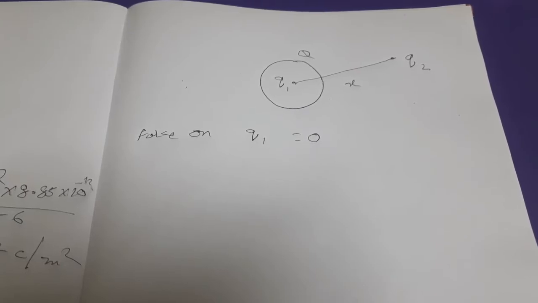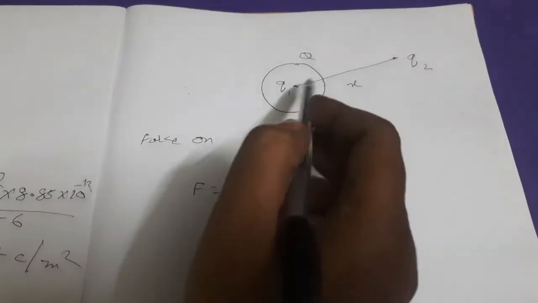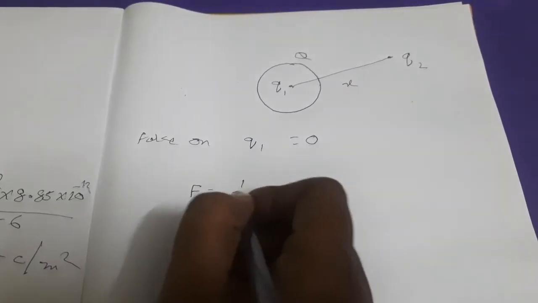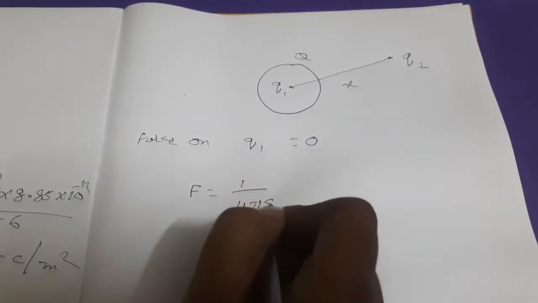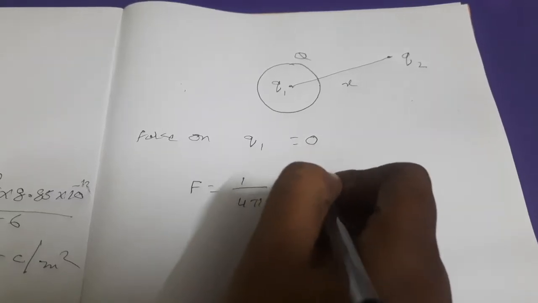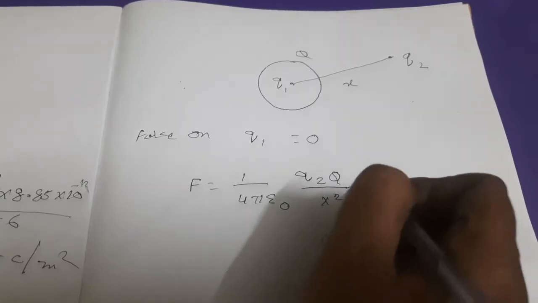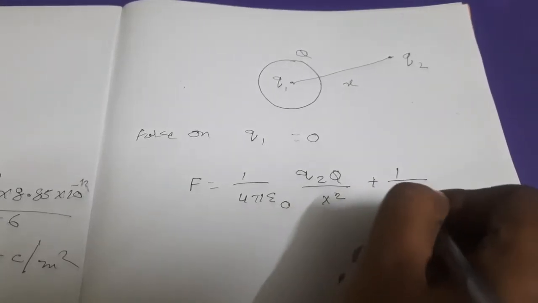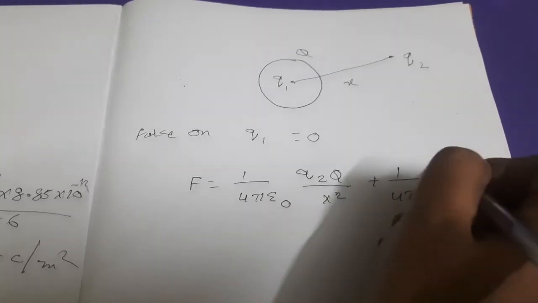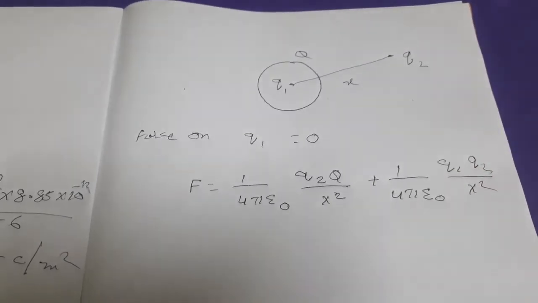But the force on Q2 is F equals 1 by 4 pi epsilon naught Q2 Q by x square plus 1 by 4 pi epsilon naught Q1 Q2 by x square.